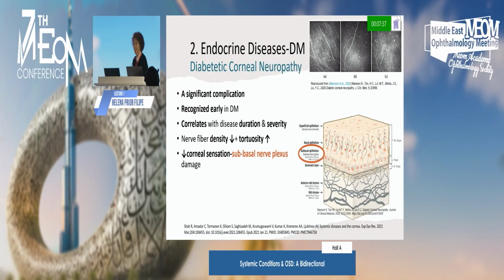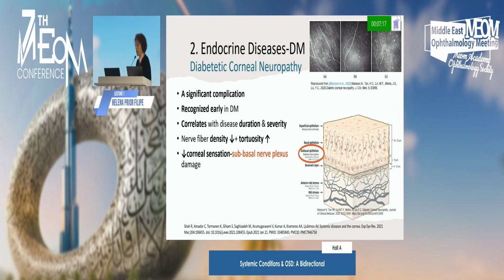So there's a decrease in corneal sensation, which can be kind of the song of the mermaid. It's good because the patient doesn't feel any pain, but on the other hand, pain can be a very good ally to us in making us aware of what's going on.